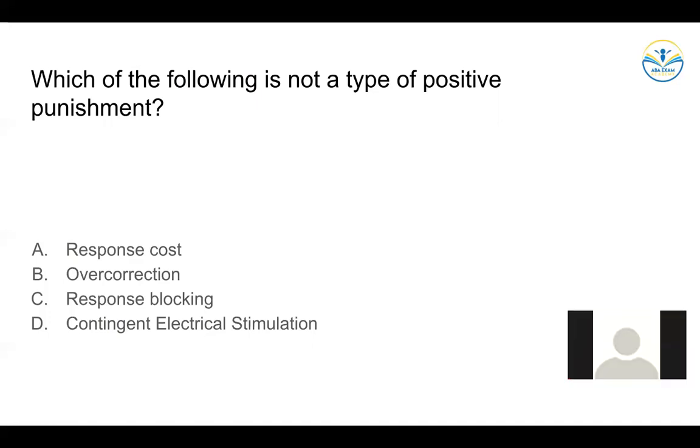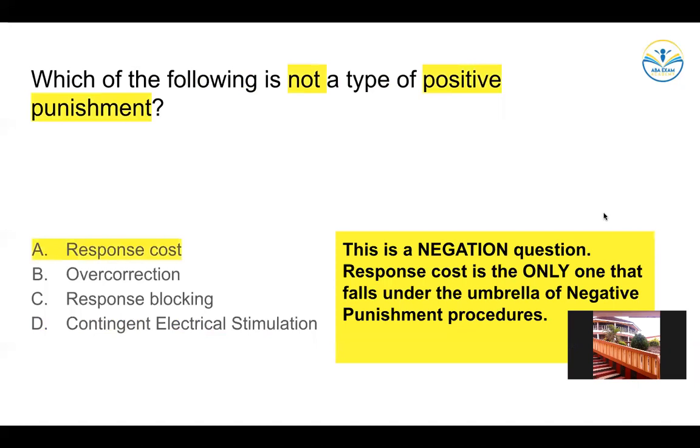A. A. A. Yeah, it is A, nice job. So it is a negation question. I think you guys picked up on that. Really good. And response cost is the only one that falls under the umbrella of negative punishment. So all the other ones are positive punishment. Very good.